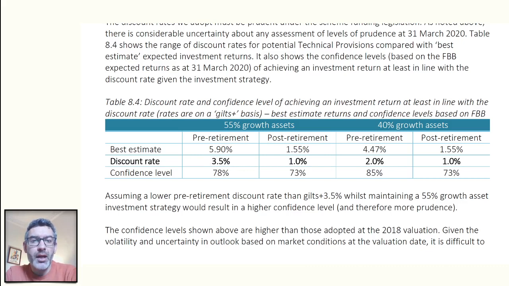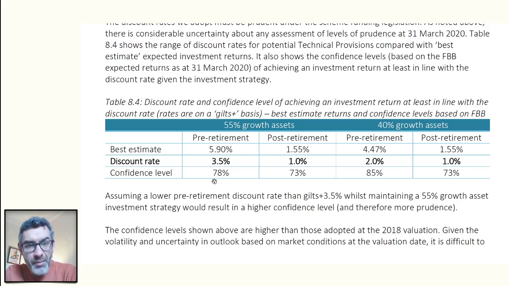Now, underneath these numbers is some modelling that USS does using some software that they've got, which predicts the future in some way and gives you what's called a distribution of investment returns. So bang in the middle of their distribution is the 5.9%, but then somewhere further along the distribution is this gilts plus 3.5%. And in fact, they tell us that this has a confidence level of 78%.